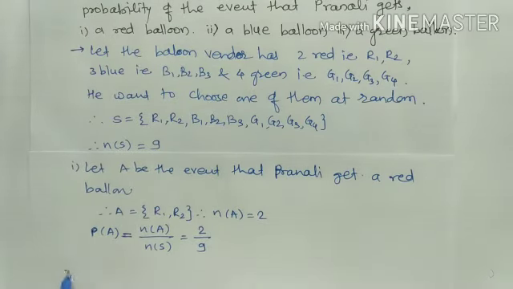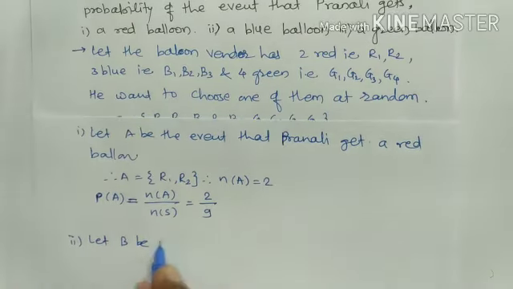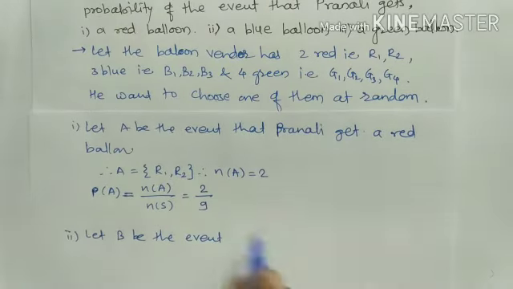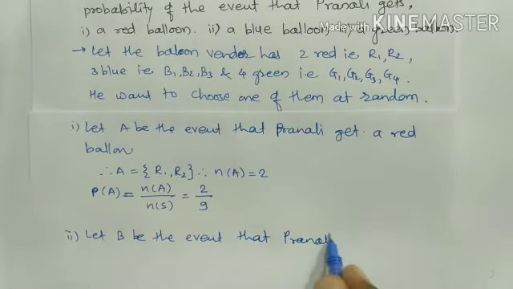Then the second event, let it be B. Let B be the event that Pranali gets a blue balloon.